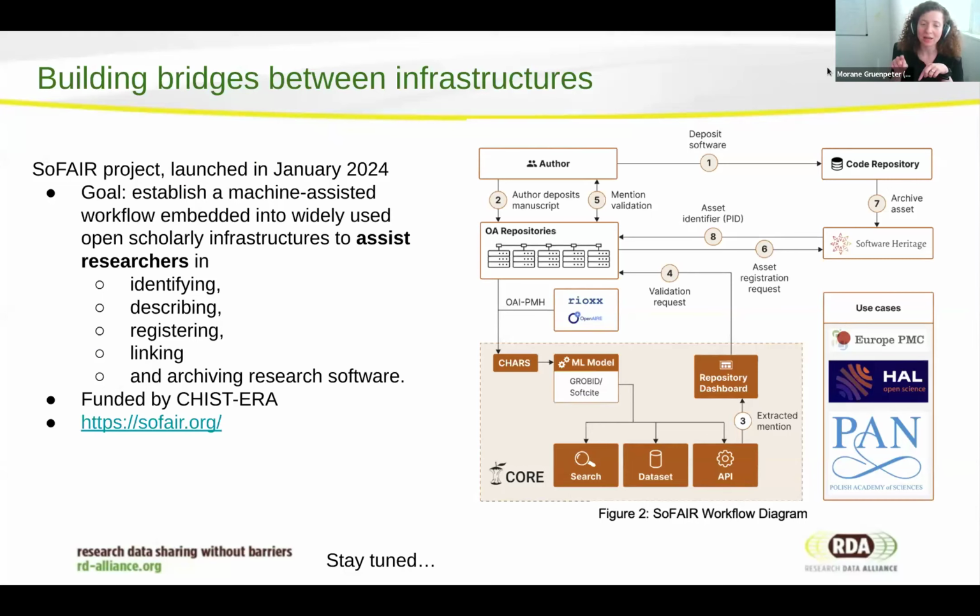It is actually a kind of connector of connectors. The fact that we are now connecting different scholarly infrastructures to Software Heritage will be very useful in the different types of workflow that can provide more credit to researchers. If it interests you, you can reach out and ask me about it, because I'm on this project as well.